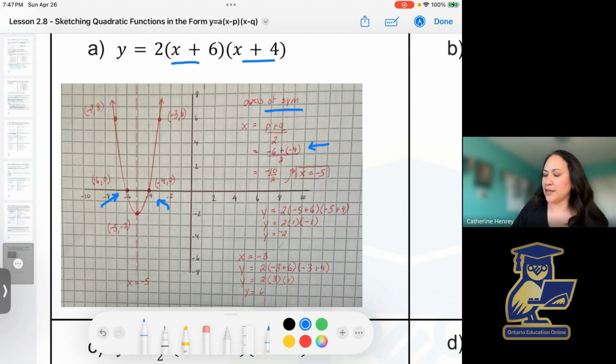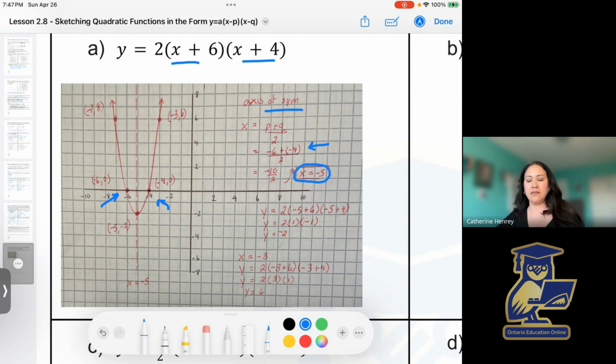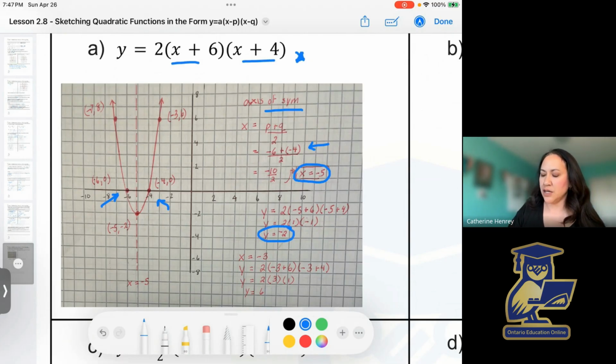And I find an axis of symmetry at x equals -5. I plug that into the original function at the top, and I simplify to get y equals -2. That becomes my vertex right here. So I have the two intercepts, and I have the vertex.